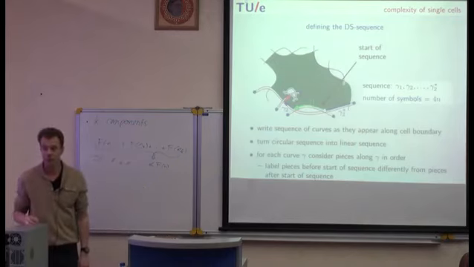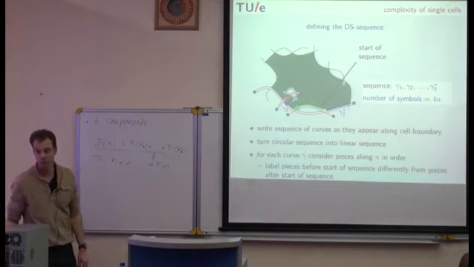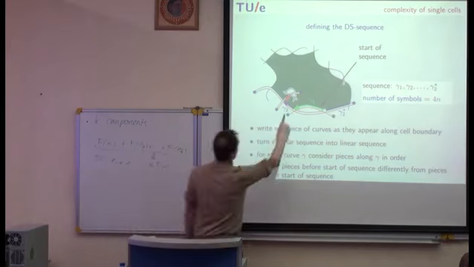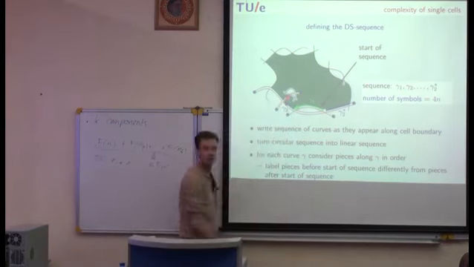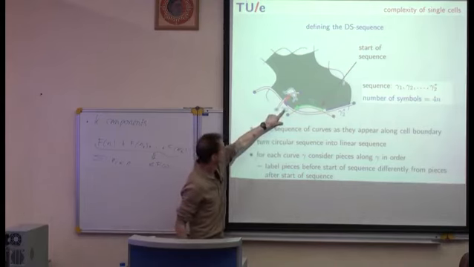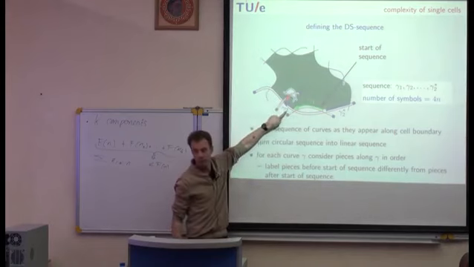The continuation of gamma 2 will be gamma, for example, 3 or 4. The continuation of gamma 2 will be in the face here? No, after here? Yes. So it will be another symbol. No, this is also going to be gamma 2, right?